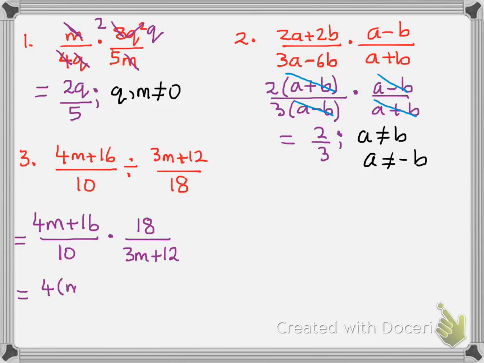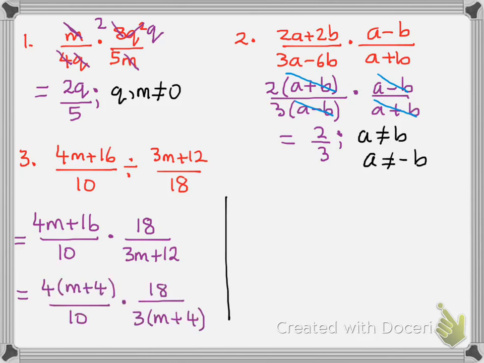So if we factor this now, we will have 4 times m plus 4 divided by 10 multiplied by 18 divided by 3 times m plus 4. M plus 4 is a common factor. We can divide that out, and we can see that there are other factors there as well. You can see that 3 can divide into 18 and 2 can divide into 4 and 10. Your final result there will be 12 over 5, and your restriction is m cannot be minus 4.